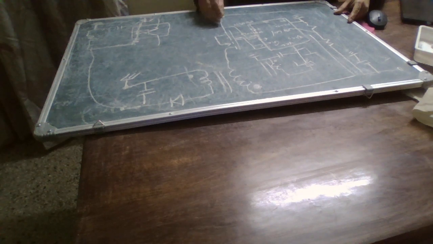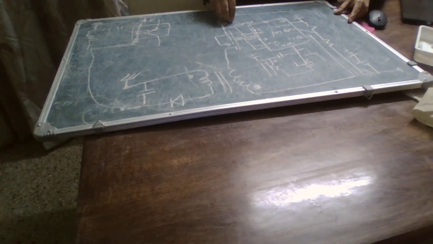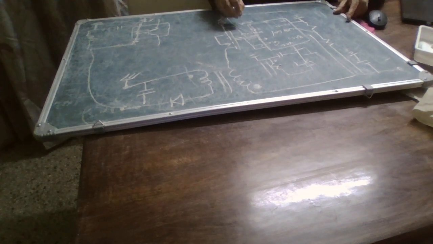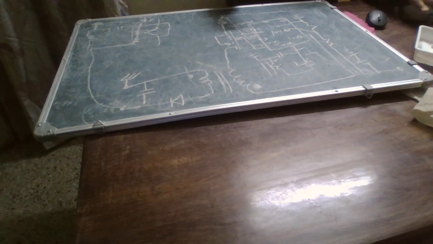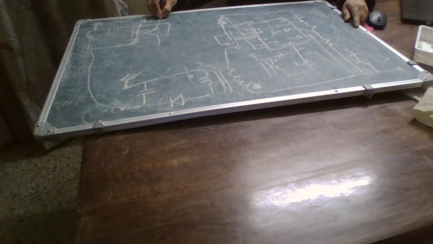Here we are going to have a resistor. From the resistor we are going to have a PGND. This FB pin is going to be a grounded pin, and I have drawn an optocoupler here.